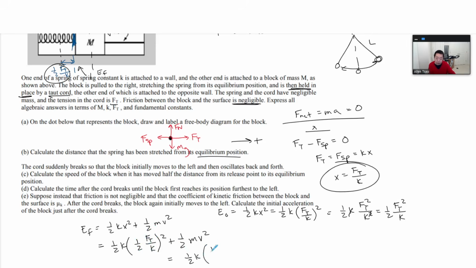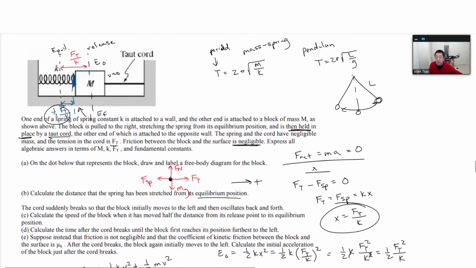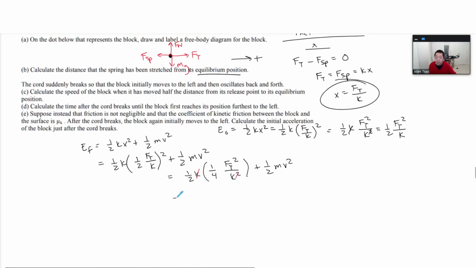Squaring the 1/2 is 1/4. Squaring the Ft is Ft squared. Squaring the k is k squared. Similar to this one, one of these k's cancels, and then this guy's going to be 1/8 Ft squared over k plus 1/2 mv squared.